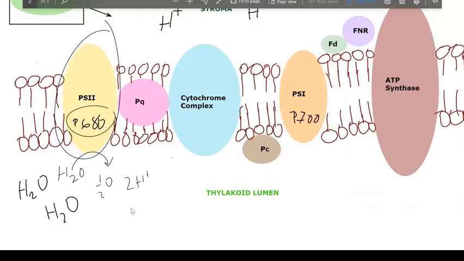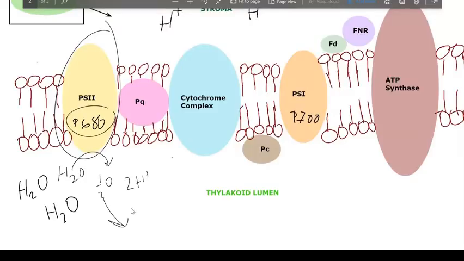The oxygen molecules aren't needed anymore for the future processes, and so they just leave the plant. The oxygen leaves the plant as a byproduct through its stomata, which is also the same place that carbon dioxide comes into the plant for the Calvin cycle.